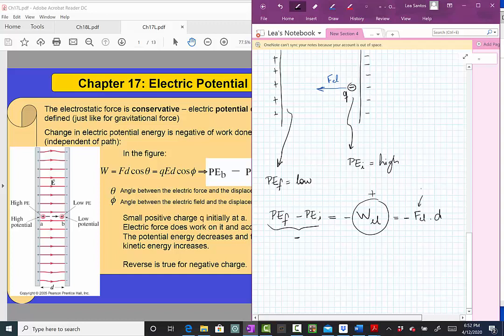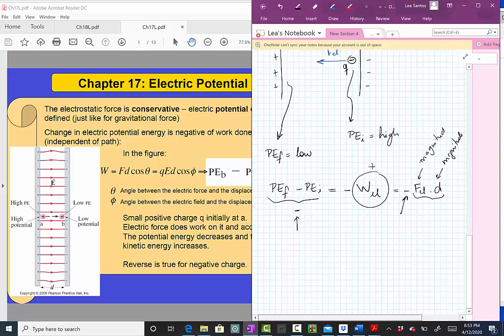Here I'm just talking about the magnitude of this force, and the magnitude of the displacement. There are no angles, no directions involved here. This product is positive, but I have this minus sign here, which matches the minus sign for the change in potential energy. So everything up to now is similar to what we had for the positive charge, with the difference that we are now moving to the left, while the positive charge was moving to the right.